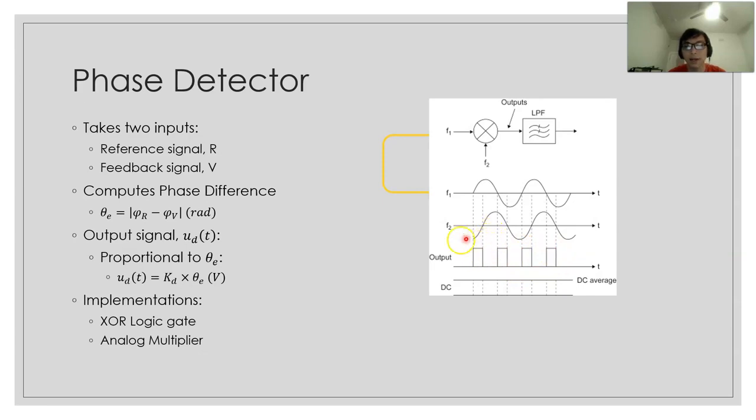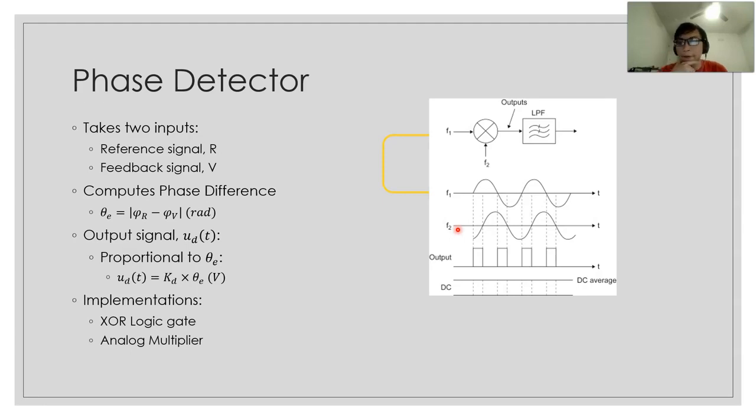Using that square wave, we can put it into a low pass filter, and the output of the low pass filter will be a signal with an effective DC voltage proportional to the difference in phase between F1 and F2. That is how a phase detector can output a signal proportional to the phase difference.